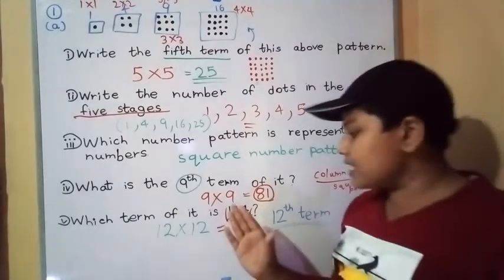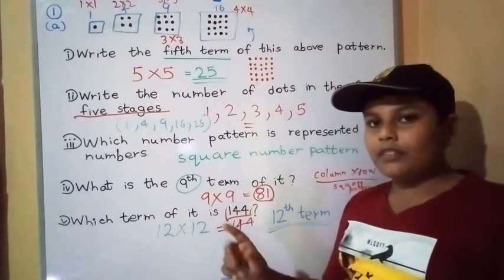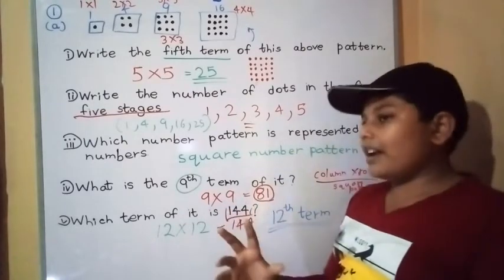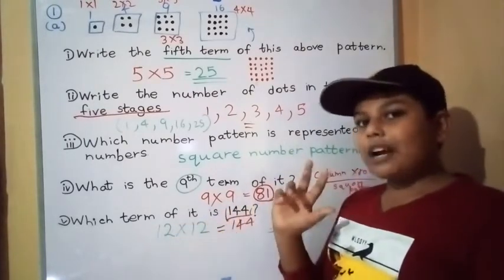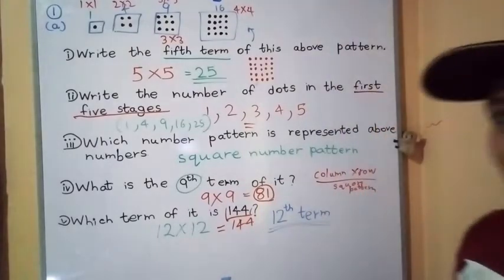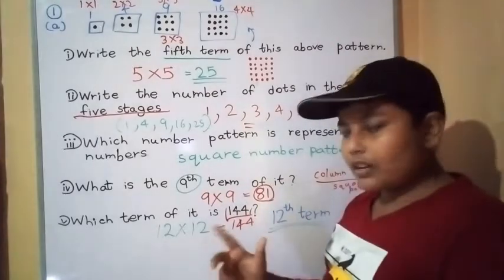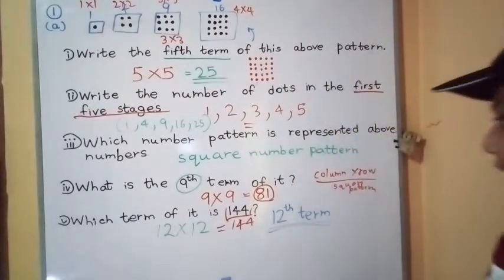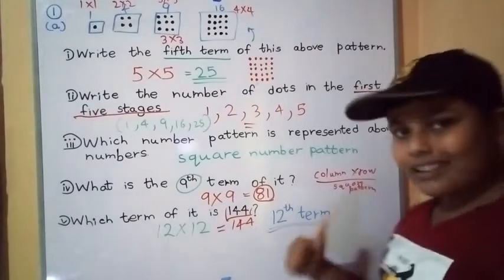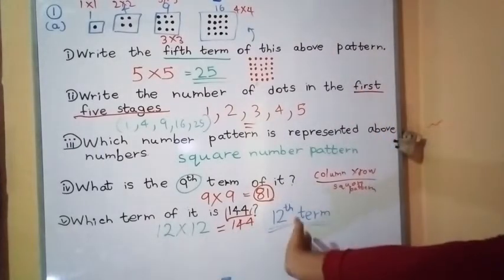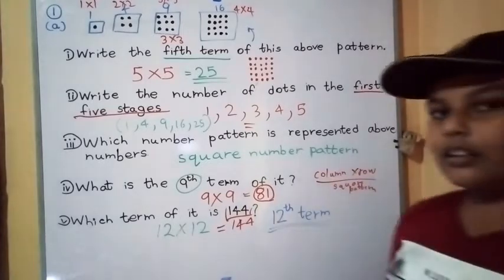If you have this 100, you multiply the 9 multiply 9, 81. 10 multiply 10, 100 you have. Now you know what is the two terms that belongs to that multiplication. Now you can get the one term is this 10th term like that. Now that is the example. Now this is the answer, 12th term.